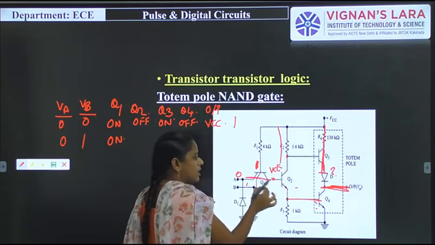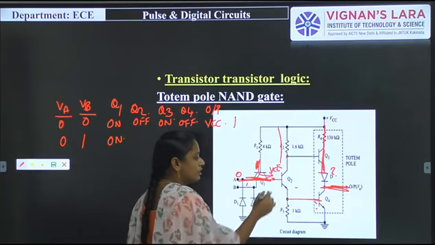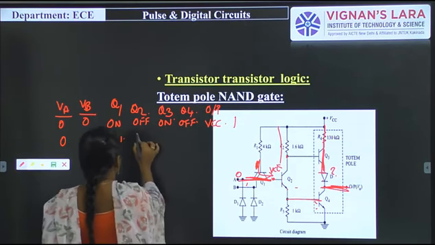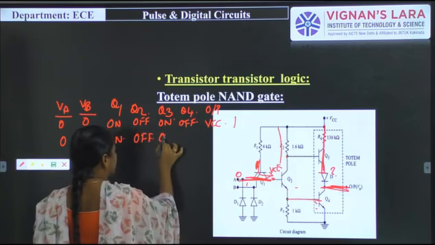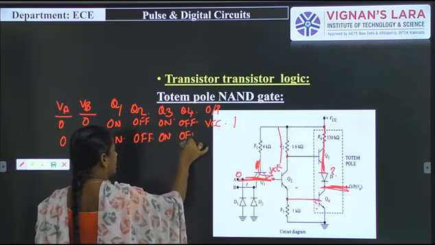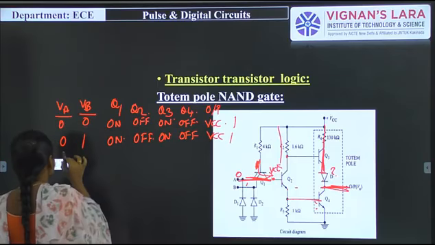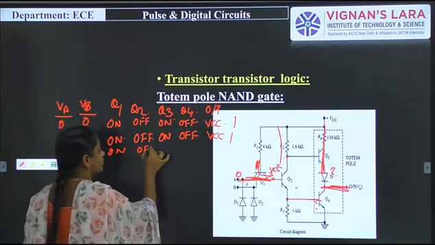Why? Because it can be replaced with a short switch. This VCE voltage is given to transistor Q2, so Q2 becomes off condition. Again the same process: when Q2 is in off condition, Q3 is on and Q4 is off, then the output voltage is VCC, that is 1. And for the next condition, VA 1 and VB 0, the same process continues.